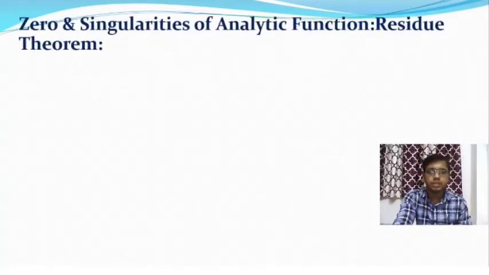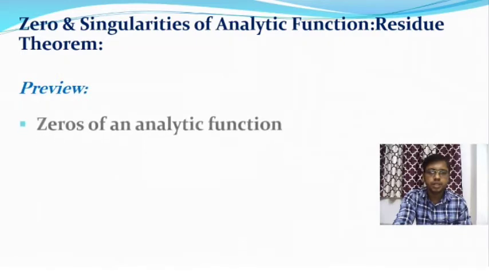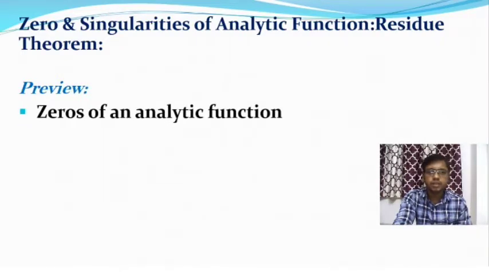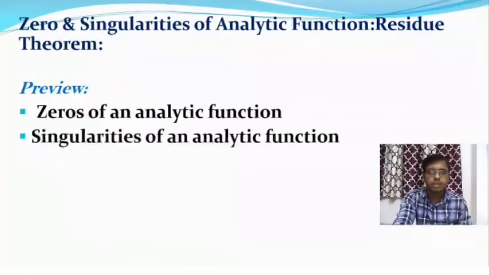Before we start today's lecture, let's quickly recall the last lecture. In the last lecture we discussed zeros and singularities of an analytic function. I discussed the definition of zeros of an analytic function, then the singularities of an analytic function and some related examples on zeros and singularities.